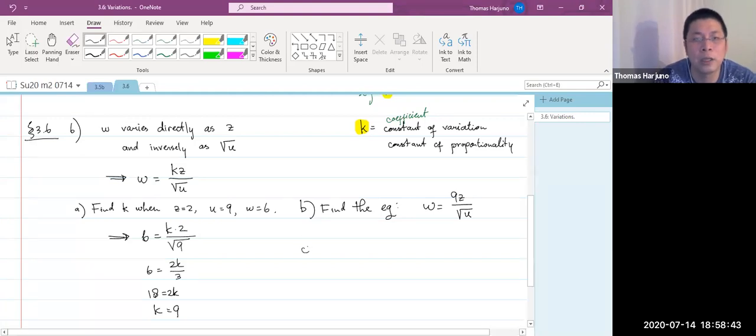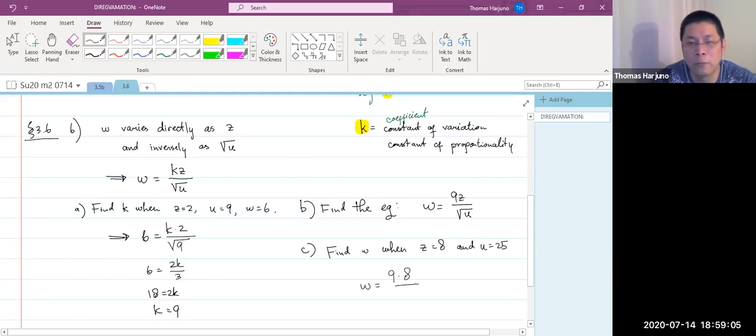Part C, find W when Z equals, let's say, 8 and U equals 25. Using the formula we have above, we get 9 times 8 over the square root of 25.